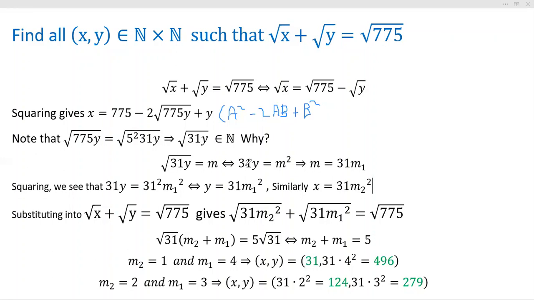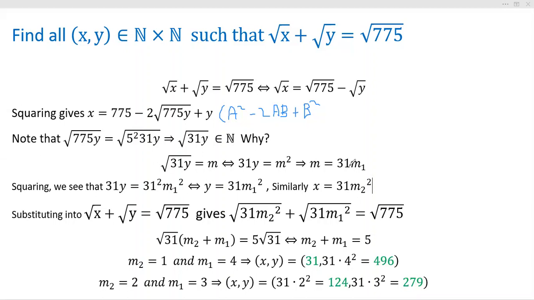Now we get 31y is equal to m squared, but that implies that m has to be a multiple of 31. Sorry, I had to use a subscript here, m sub 1. The idea is that if 31 is a divisor of something squared, it has to be a divisor of the something. So we get this truth right here.